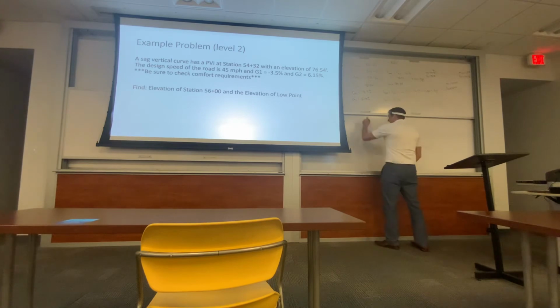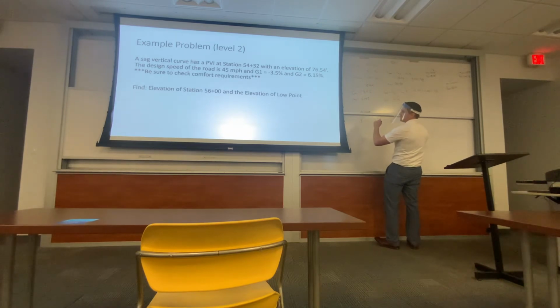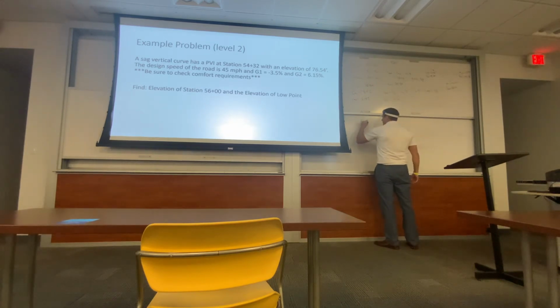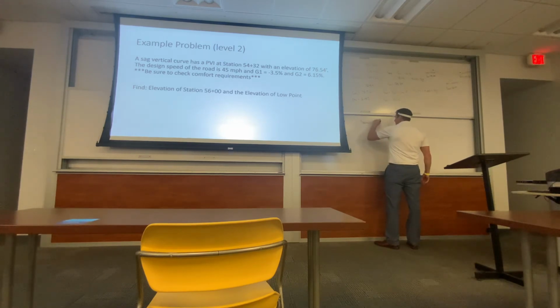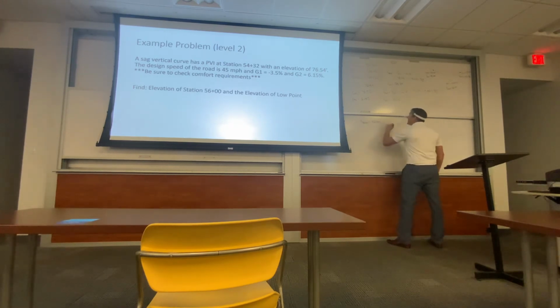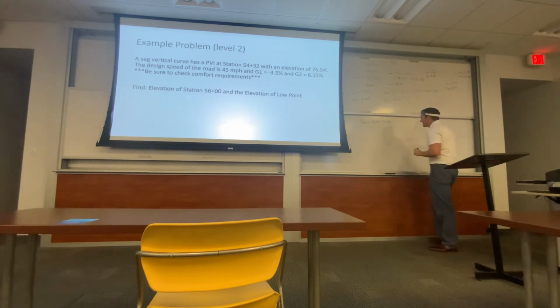Okay, so the X to station 5600 equals 56 plus 00 minus my PVC, which is 50 plus 22. My net X therefore equals 478 feet.